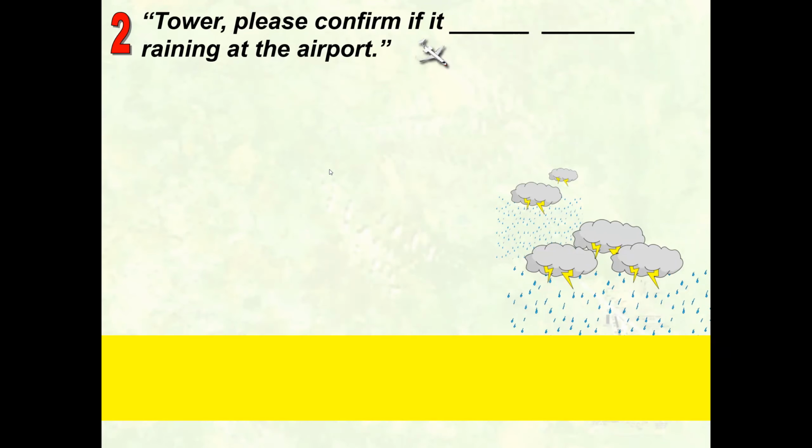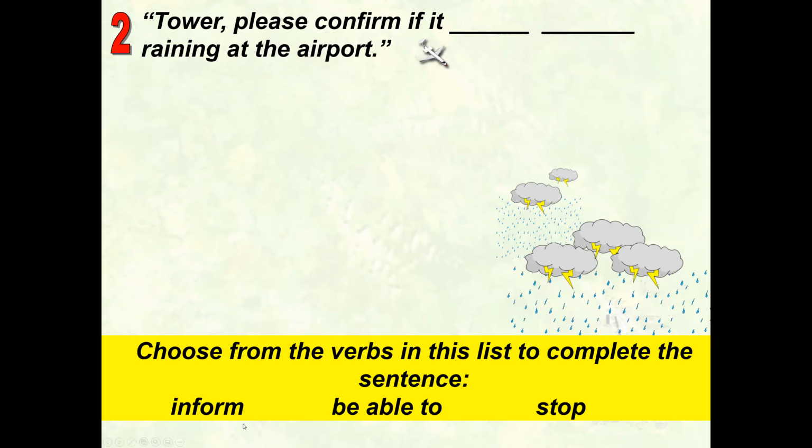Great, thank you. And in fact, let me go to Jose first. Tower, please confirm if it blank raining at the airport, and your choices are inform, be able to, stop. We have informed raining at the airport.